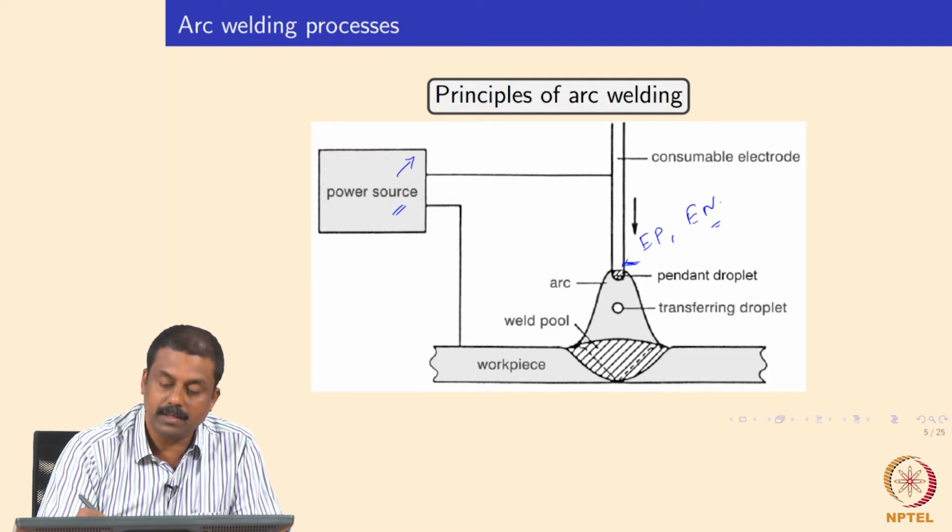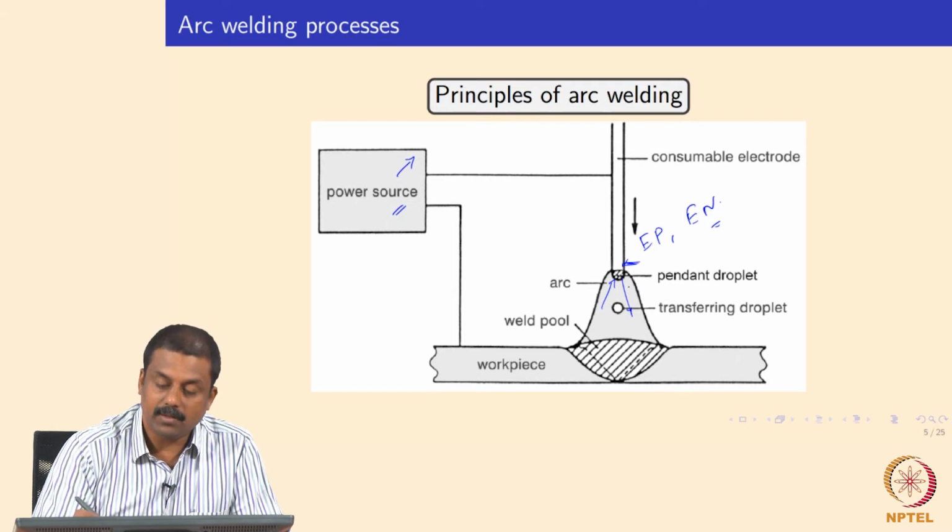If it is electrode positive, you would be sending ions towards the workpiece, and the electrons will be attracted towards the filler. If it is electrode negative, you will be attracting the ions towards the electrode, and you will be transferring the electrons towards the workpiece.